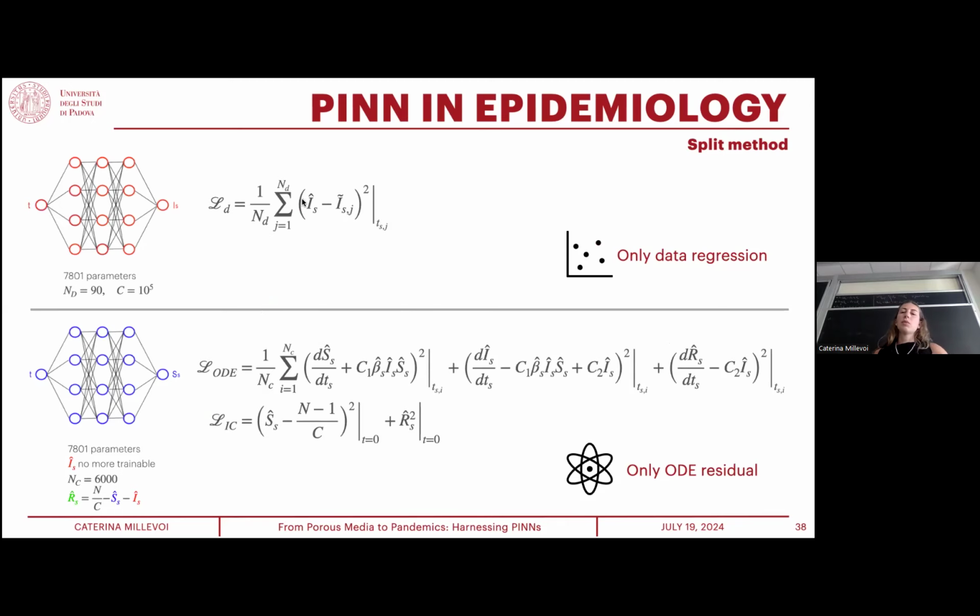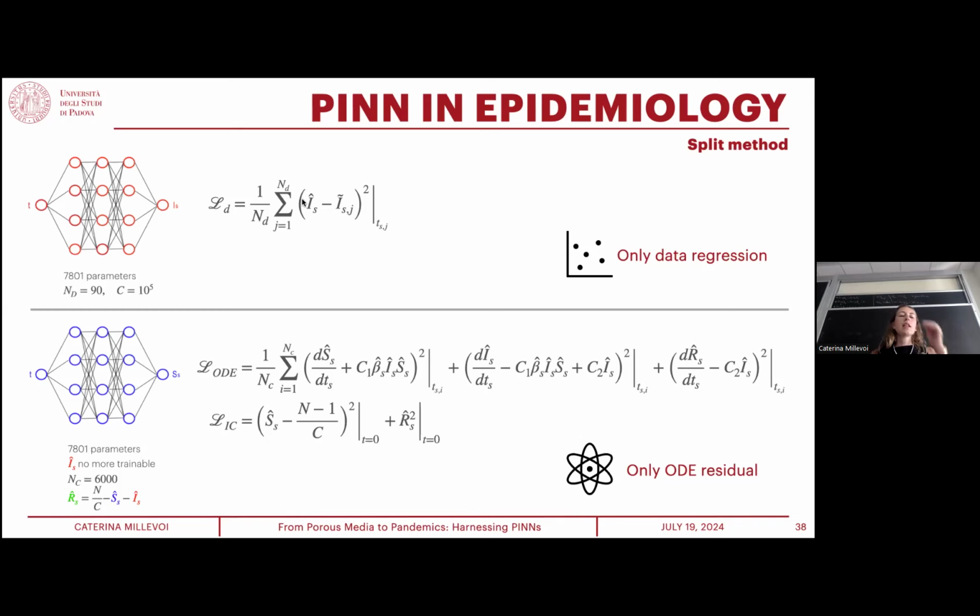So actually what we did was to split the training into 2 parts. First, we trained the neural networks for which we have some available data, here the infectious neural network. So this is the first part that is only data regression, so minimization based only on the available data.